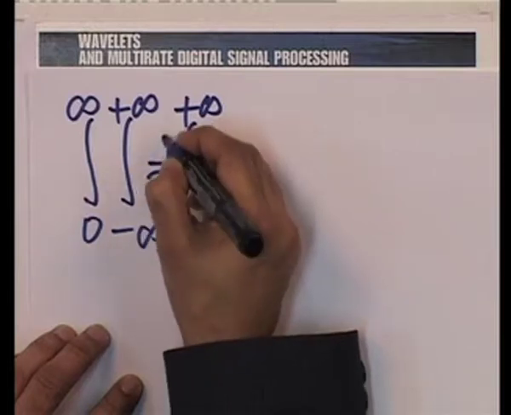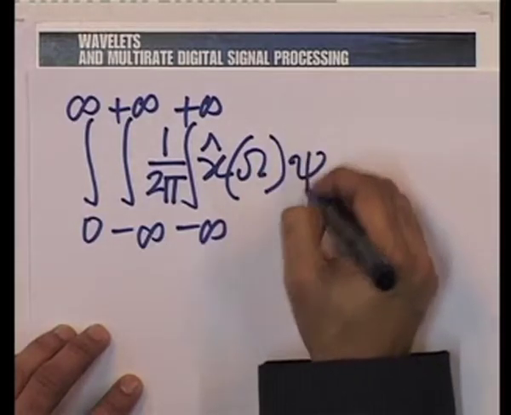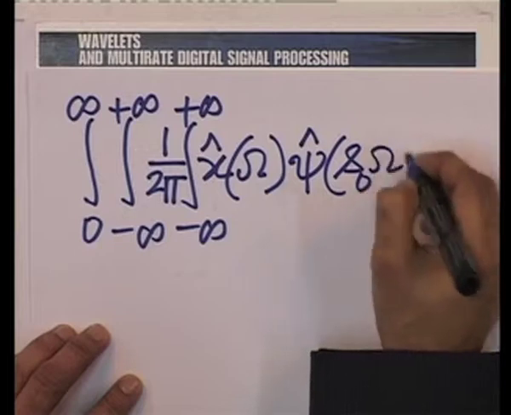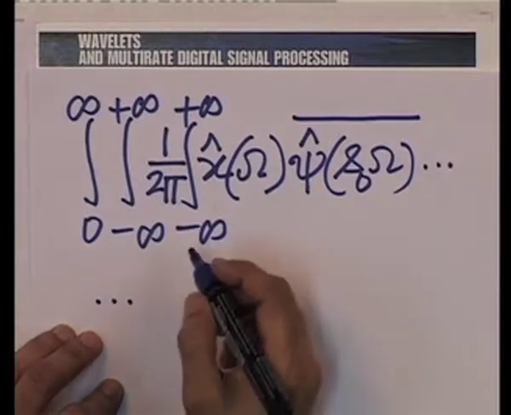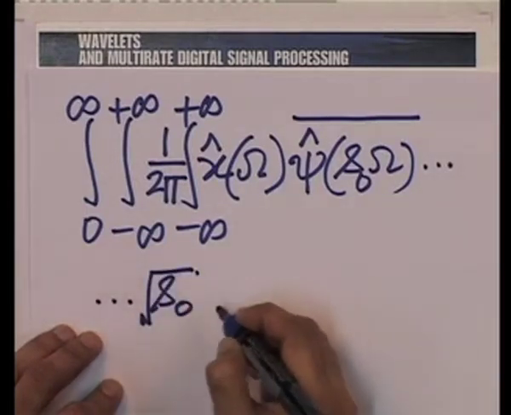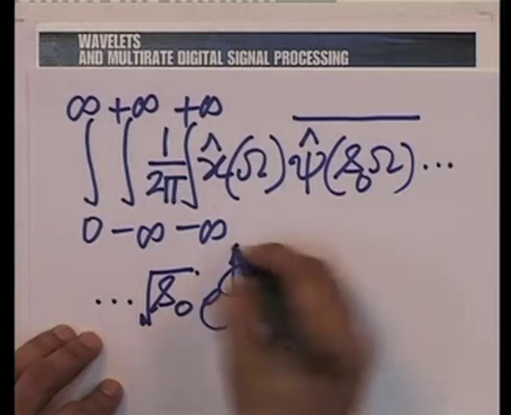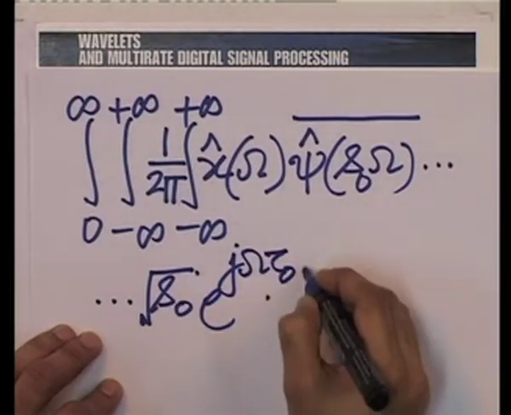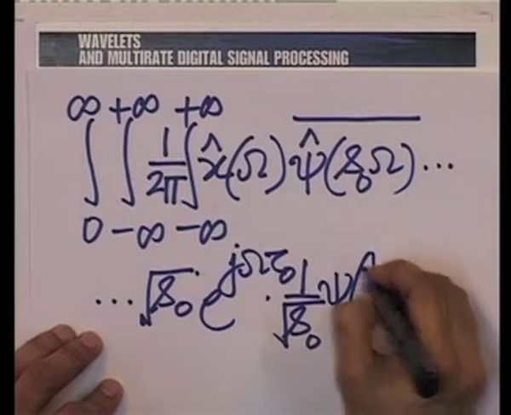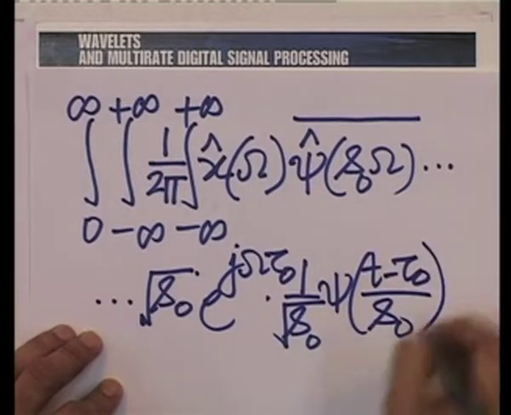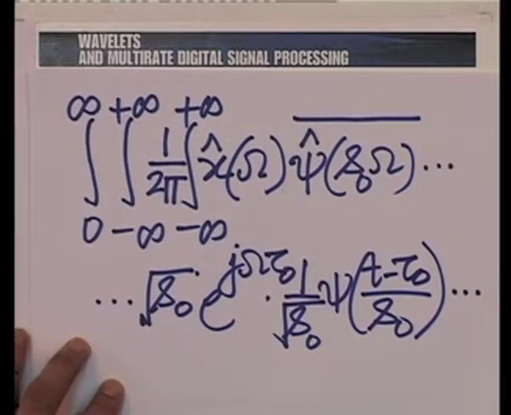So, we have a 1 by 2 pi there, x cap omega. So, I think it is a big quantity, we will have to continue this.